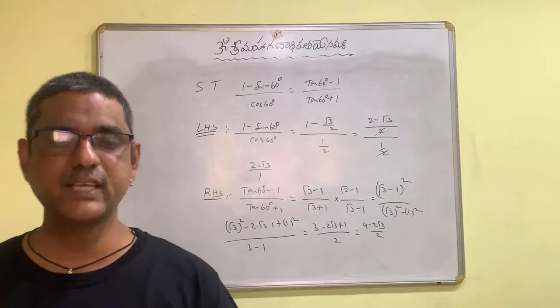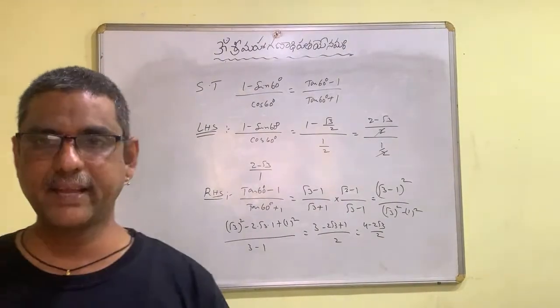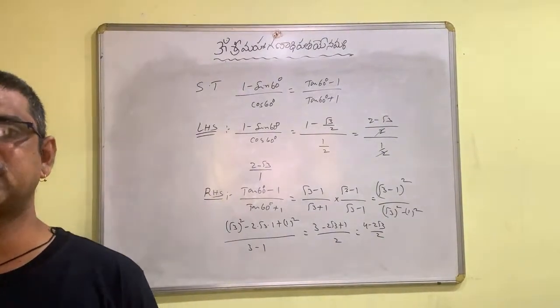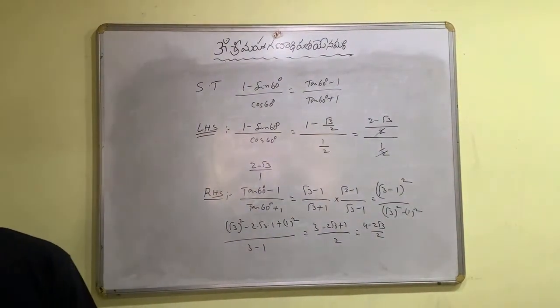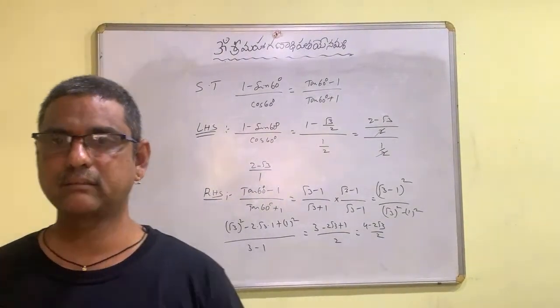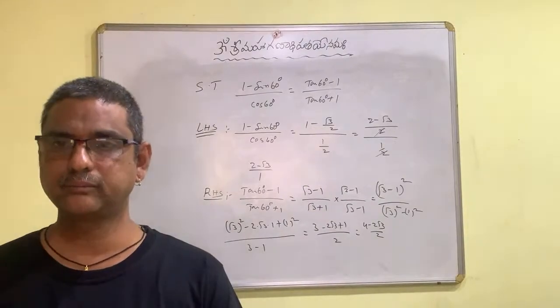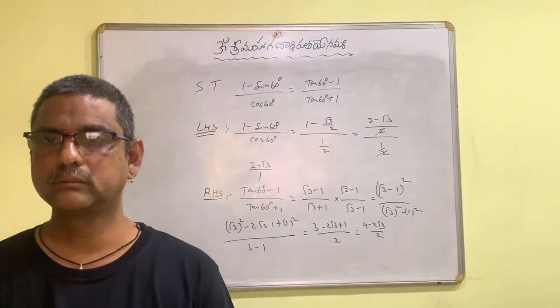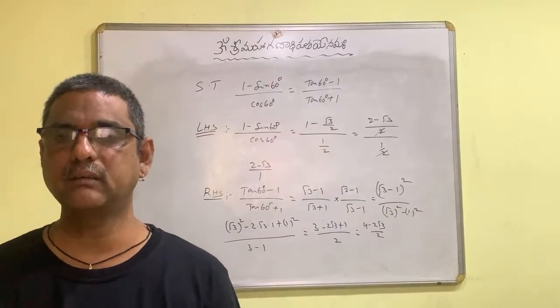Children, how can we simplify it? 4 minus 2 root 3 by 2. Can we simplify it, or is further simplification not possible? Just listen to my question.